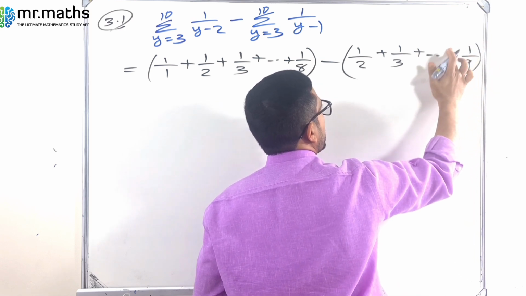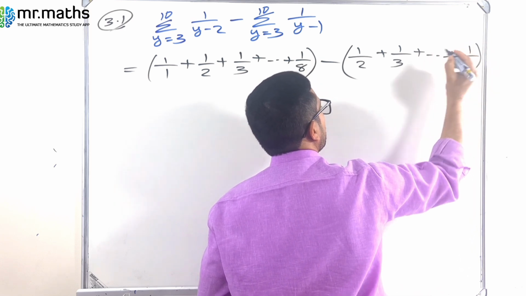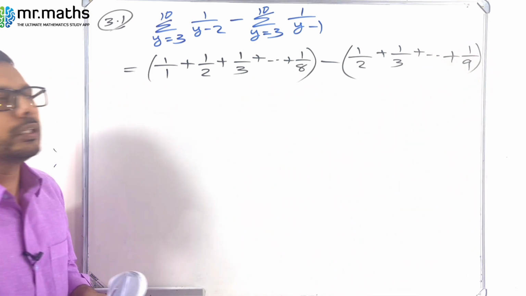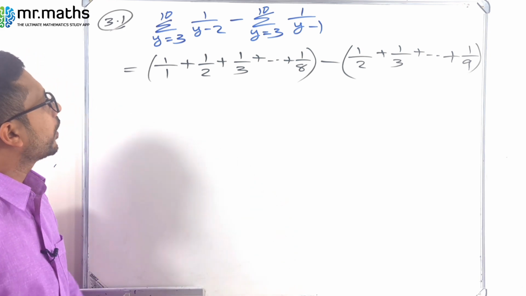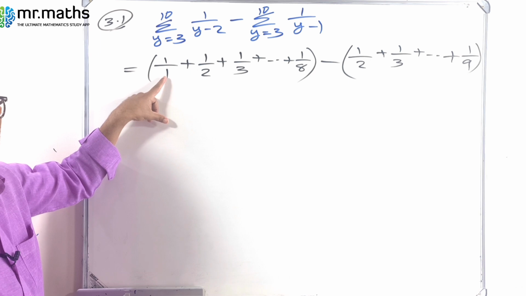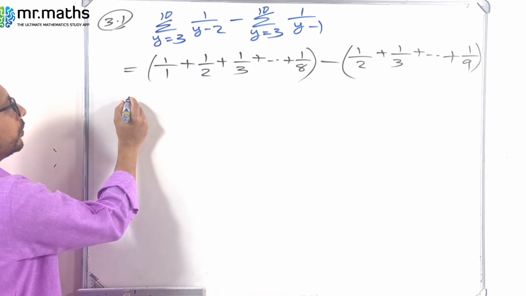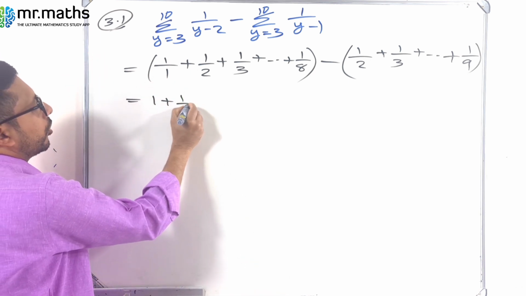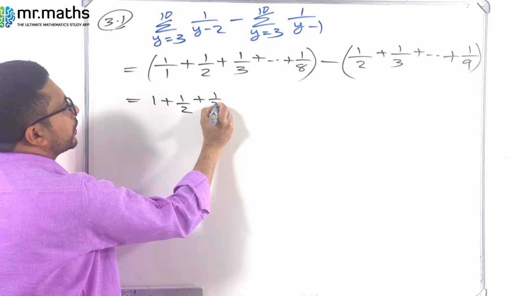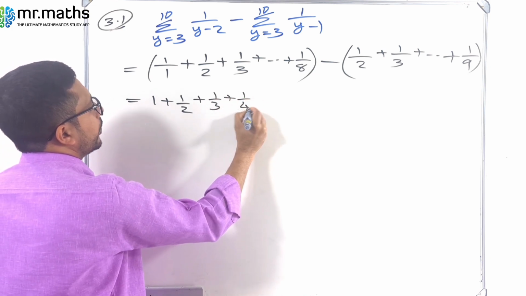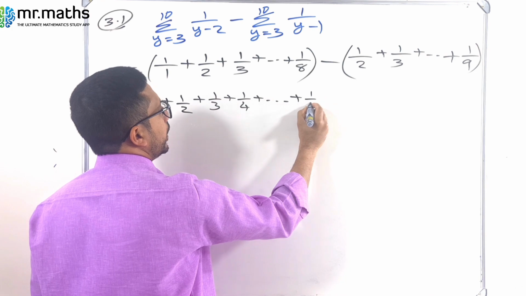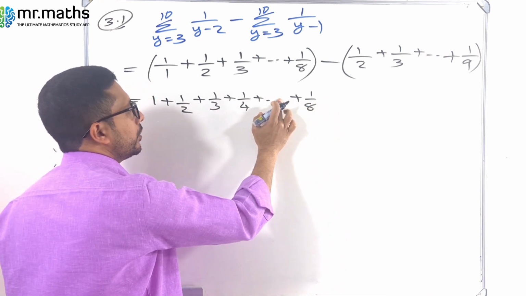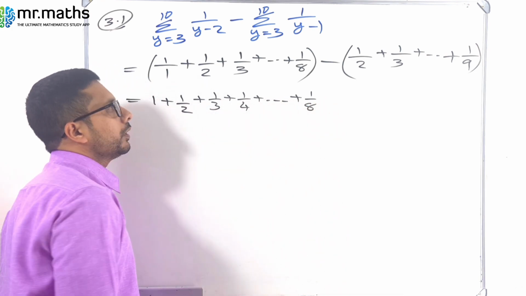Okay, so you substituted the values of y. Now look at this one. 1 by 1 is 1, am I right? So 1 plus 1 over 2 plus 1 over 3 plus 1 over 4 plus etc. plus 1 over 8.